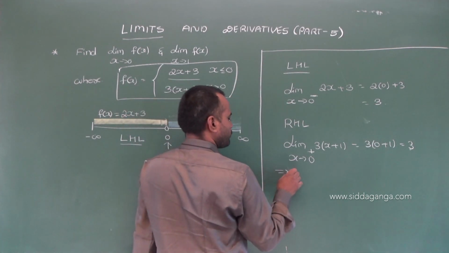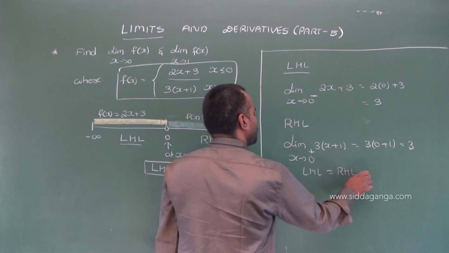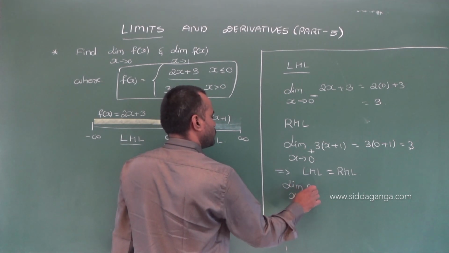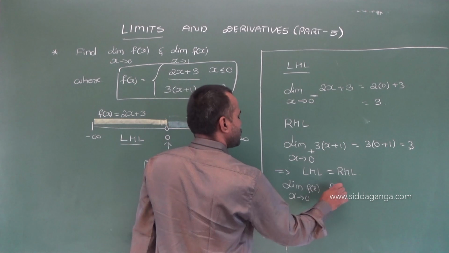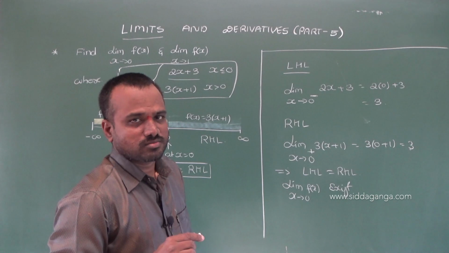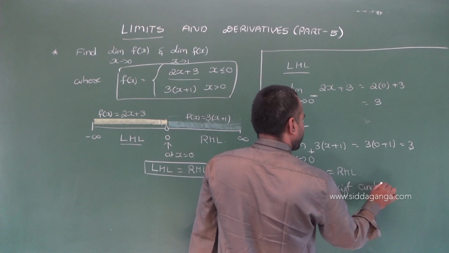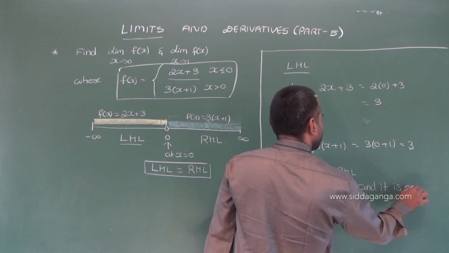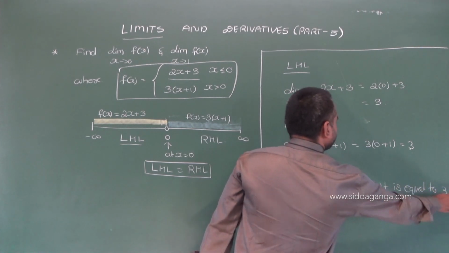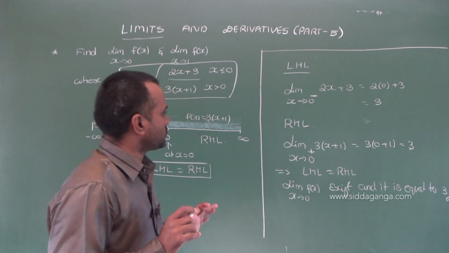That implies the left hand limit is equal to the right hand limit, so the limit as x tends to 0 of f of x exists. If it is not equal, it does not exist. Here it is equal to 3. This is the concept. Understand?